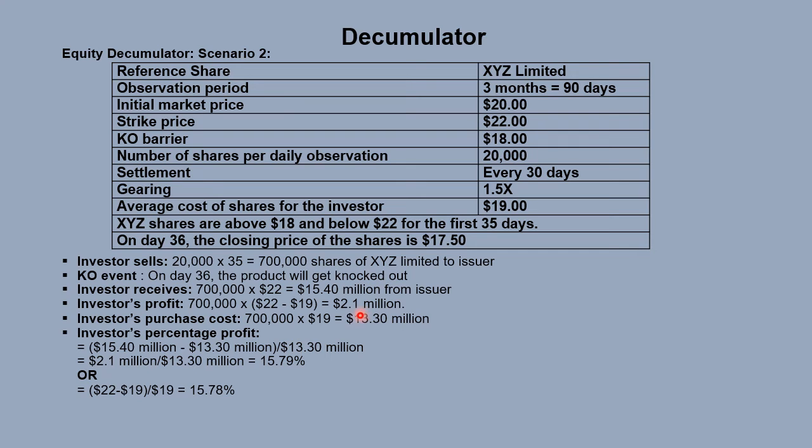Based on an investment of $700,000 into $19, which is $13.3 million, this is the purchase value for the investor, the percentage profit will be $15.4 million minus $13.3 million divided by $13.3 million, which is $2.1 million divided by $13.3 million, which is 15.79%. The percentage gain can also be calculated as $22 minus $19 divided by 19, which is again 15.78%.